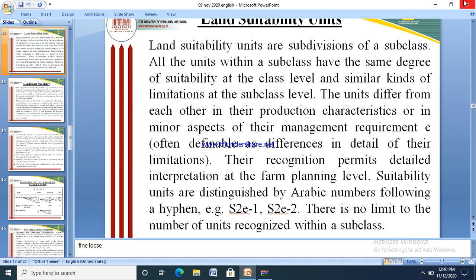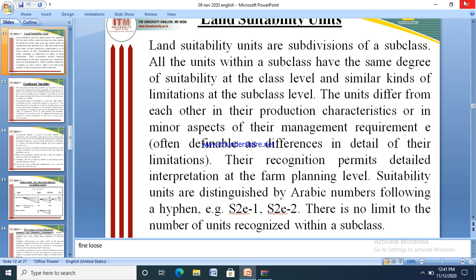All the units within a subclass have the same degree of suitability at the class level and similar kind of limitation at the subclass level. The units differ from each other in their production characteristics or in minor aspects of their management requirement, often defined as differences in details of the limitation.